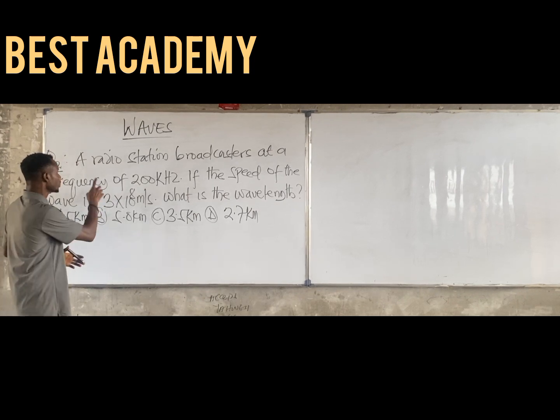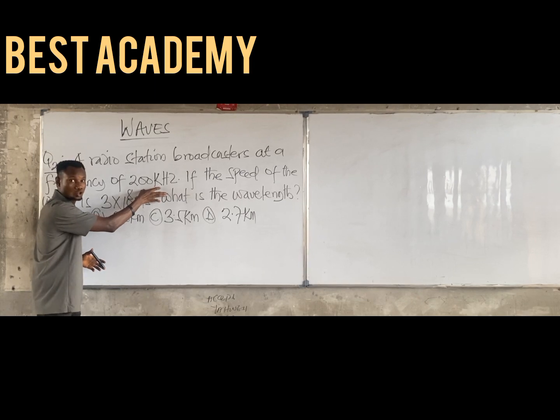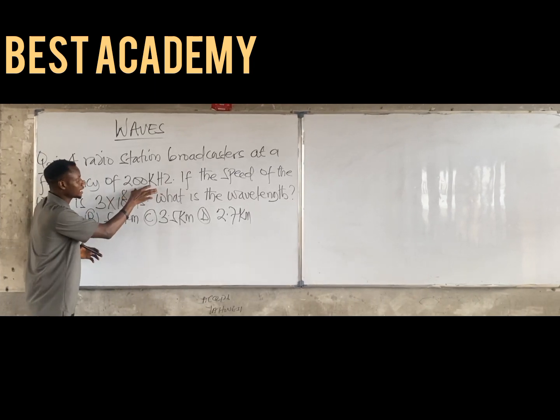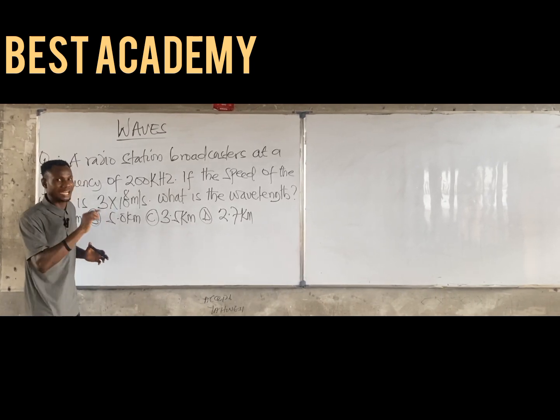Now listen to me. First of all, you list out the parameters given to you. This is how we solve physics questions. Please listen. You list out the parameters given to you. Now, if there is any condition at that point, you obey that condition.